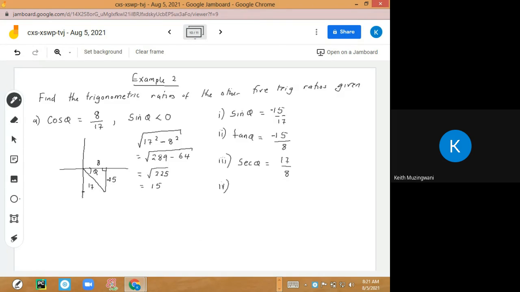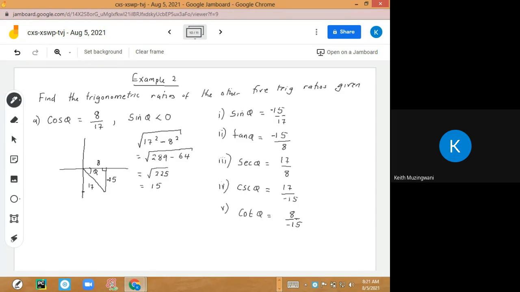And then fourth, cosec theta. Cosec is 1 over sine, so we get 17 over negative 15. And the fifth is supposed to be cot. That is 8 over negative 15.